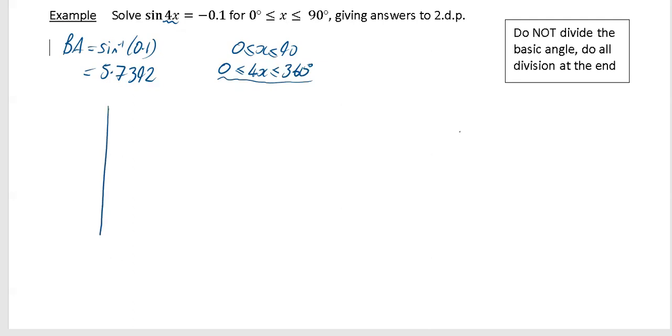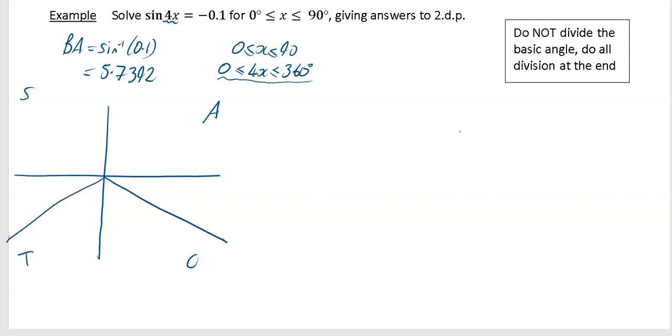So we're on to our cast diagram now. I'm going to do a decent sized cast diagram as it's going to be awkward to mark in my angle because it's quite a long looking angle. And I'm going in here and in here. So that means my 5.7392 degrees goes in here and my 5.7392 degrees goes in here.